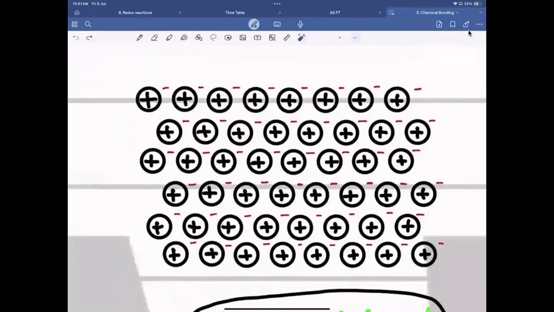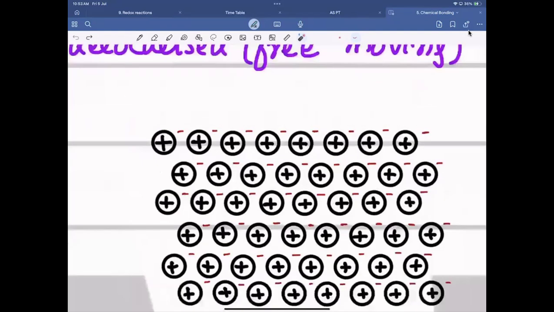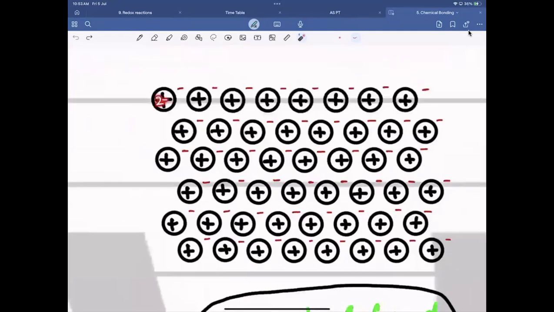So to specify it, instead of just a positive sign, we will put 2 positive on each cation, and instead of 1 electron, I will show 2 electrons lost by each atom. Did you understand?